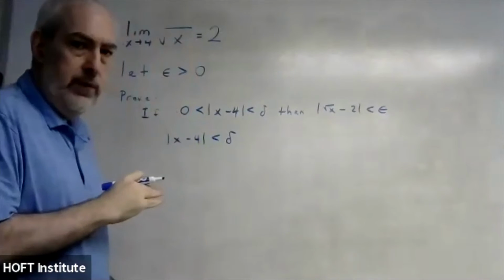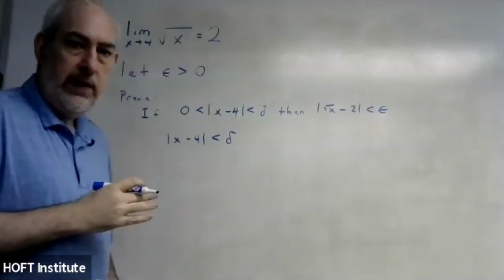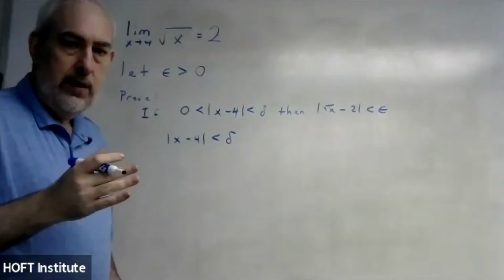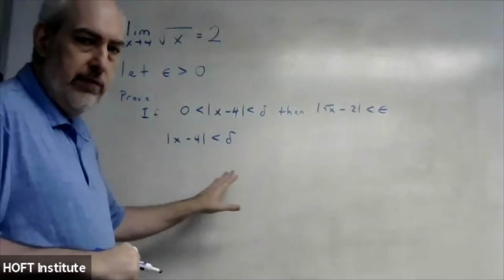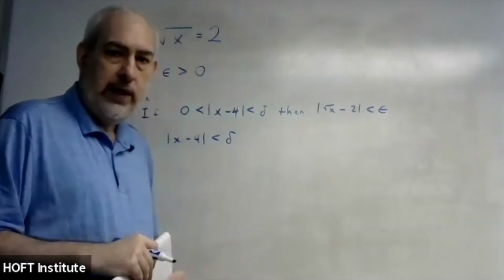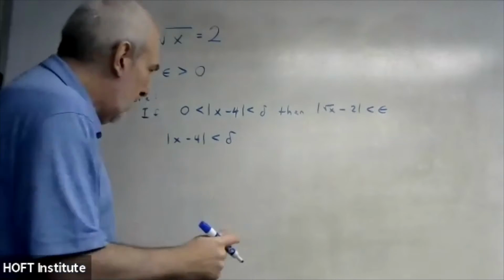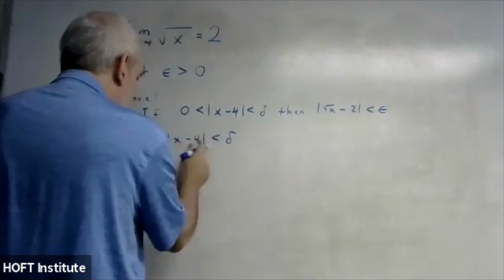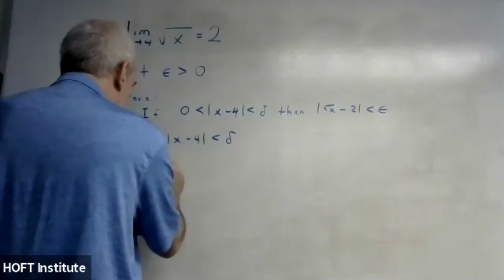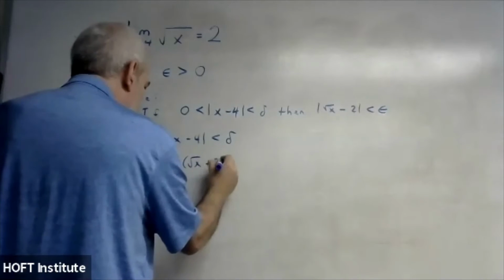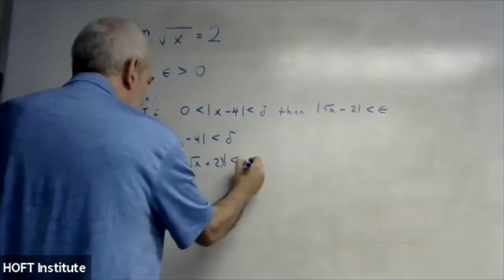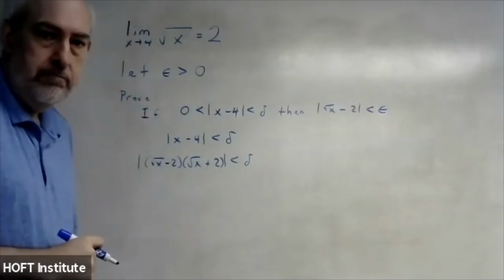So let's start off with the expression absolute value of x minus 4 is less than delta. I'm trying to manipulate this to become this expression, square root of x minus 2. Now, x minus 4 you could write as square root of x minus 2 times square root of x plus 2.